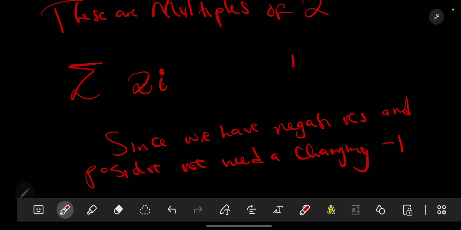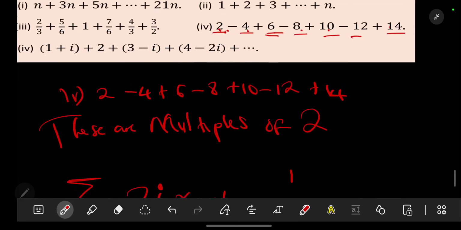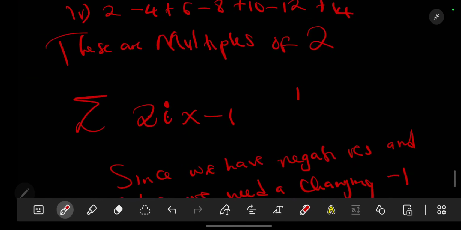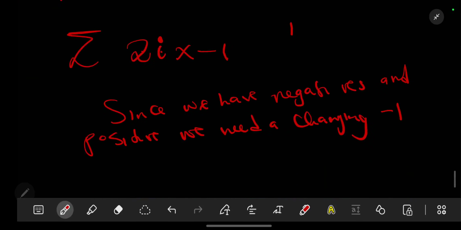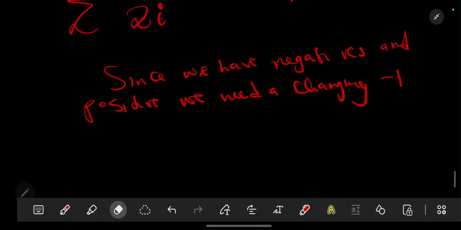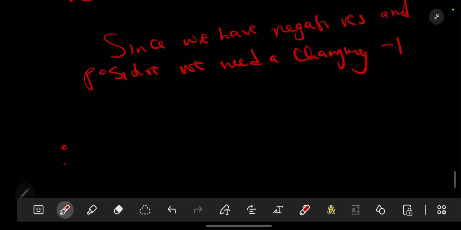Why do I say changing? It has to change. We cannot just multiply by -1. How come we have positive, negative, positive, negative, like that? So this -1 will be accounted for by saying that the sigma notation will become -1 to the power of i plus 1, like that.